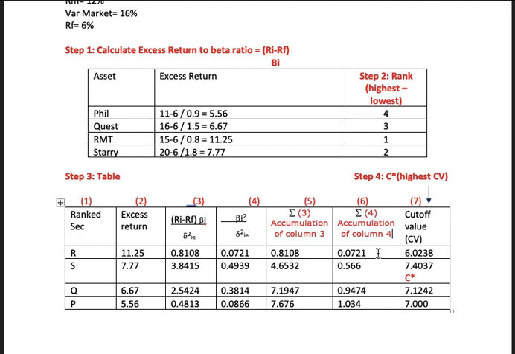So we start with column number 4, 0.0721. And then you plus the next row 0.4939, you akan dapat 0.566, plus the next row 0.3814, you akan dapat 0.9474. And then you plus with 0.0866, you will get 1.034. So it's the accumulation.